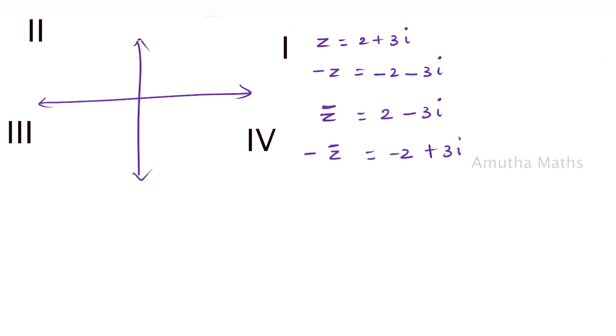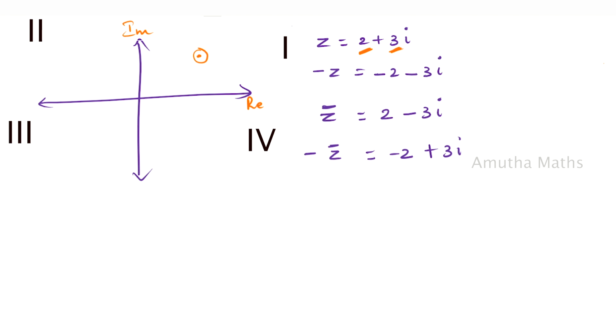Okay. Now we can plot these points. So to plot z, what will be the points? We have to take 2 in the real axis and 3 in the imaginary axis. So this is real axis and this is imaginary axis. So where will you take 2 comma 3? 2 comma 3 will be somewhere here.